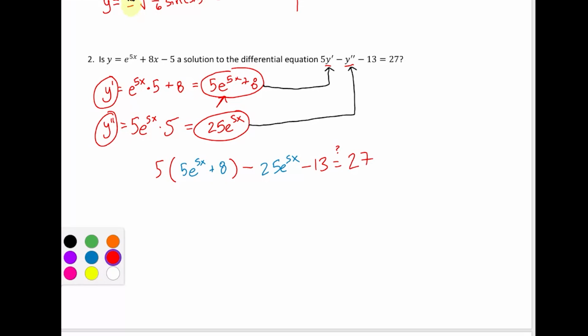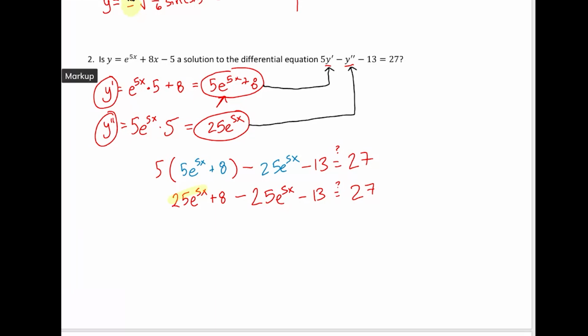If I distribute that 5 on that first expression, I'm going to get 25 e to the 5x plus 8. Ooh, I like where this is going. e to the 5x minus 13. And does that equal 27? We still don't know yet. But we do have 25 e to the 5x minus 25 e to the 5x. That's just going to equal 0, right?